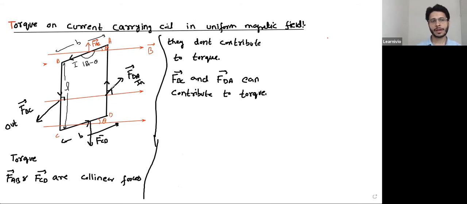Now, I can draw this FDA and FBC in this way. Say FDA is acting in the inward direction. This is FBC, which is acting in the outwards direction.